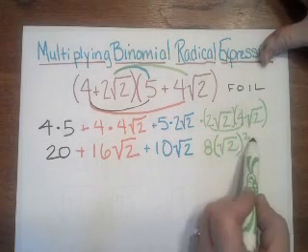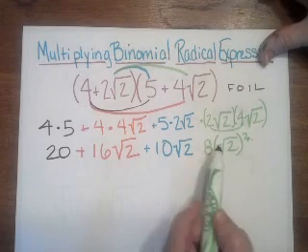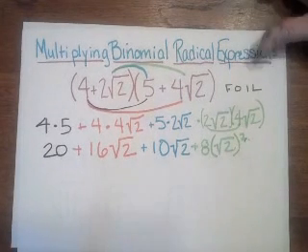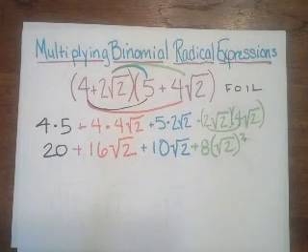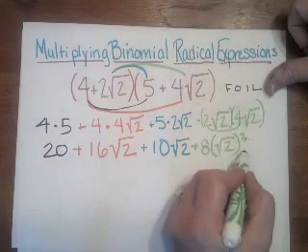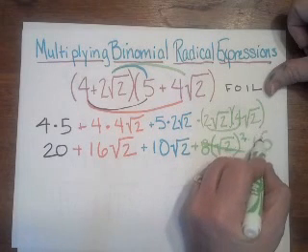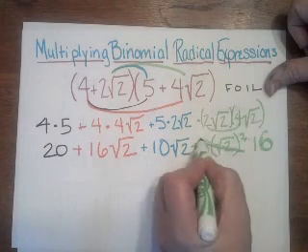So the square of the square root of 2 is just 2. So I end up with 8 times 2. Well, let's do that again. 8 times 2. So this actually becomes 8 times 2, or 16. So I've got 16.